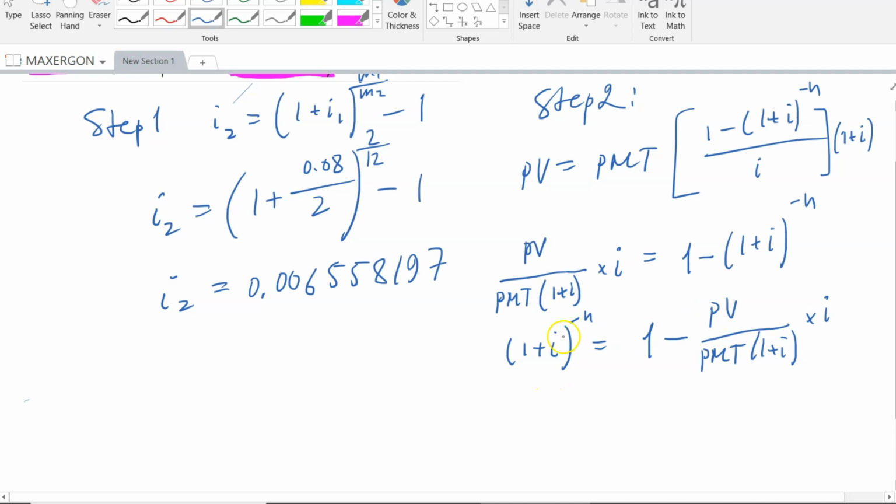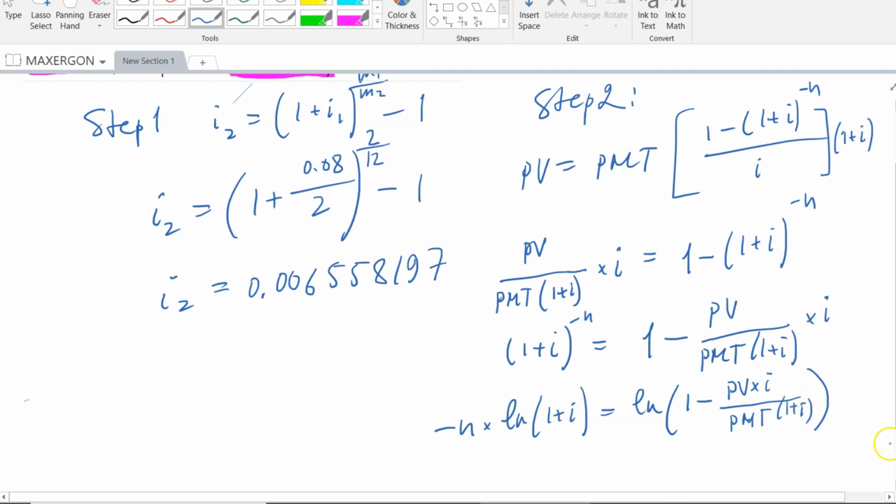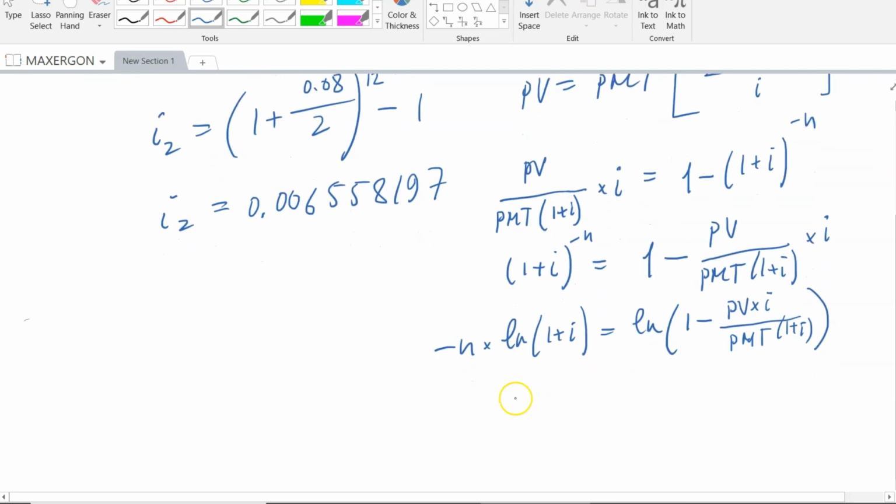We can use logarithm now on both sides, and we'll use the logarithm rule, which makes exponent minus n come in front of the logarithm as multiplication. So it will be minus n times logarithm of 1 plus I. And on the right side, we have also logarithm of 1 minus PV times I, divided by PMT times 1 plus I. Finally, we are ready to receive our formula, which is going to be n equals minus.